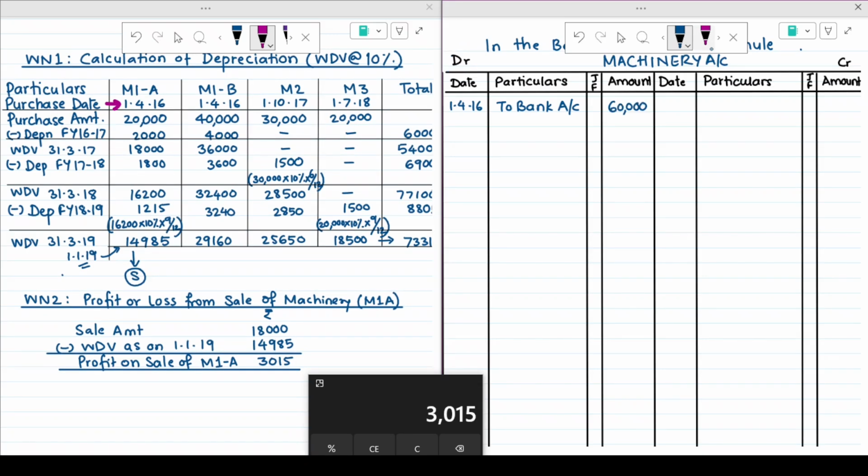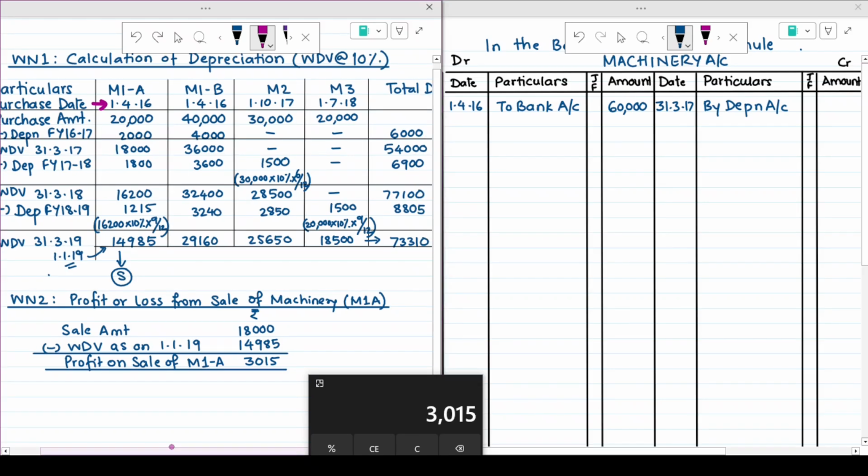And then during this year, there are no other purchase or sale entries. So at the year end, we will pass the depreciation entry: depreciation account debit to machinery account, right? So we are crediting the machinery account by depreciation account. The amount is 6,000 here, right? So no other entries are there. We can close the books.